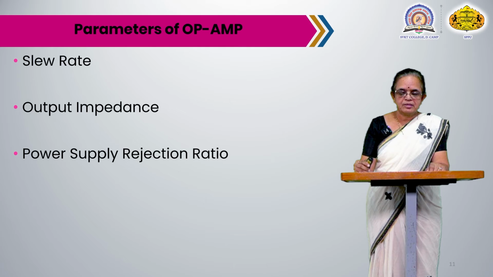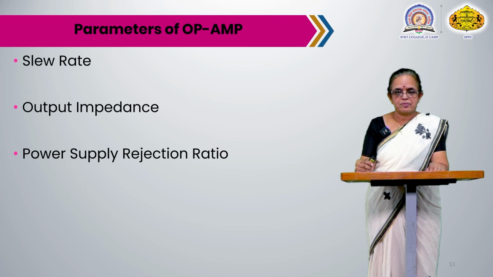It means we are applying a number of power supplies to the circuit, Vs plus and Vs minus. Out of these, we change only one power supply voltage, and due to this there is a change in input offset voltage. This change in input offset voltage for a change in power supply is called PSRR, that is power supply rejection ratio.